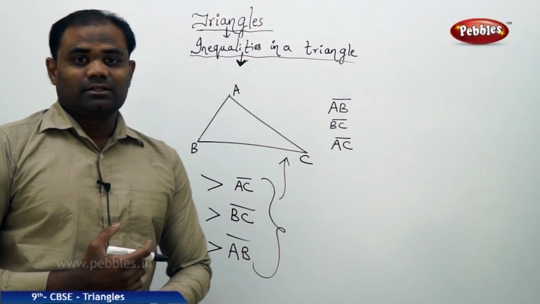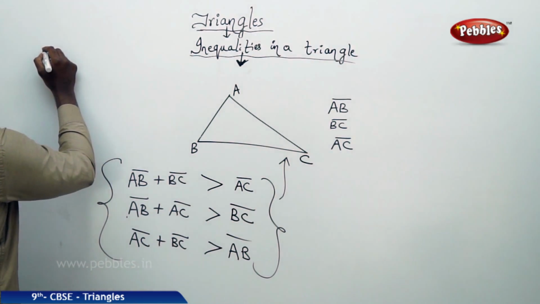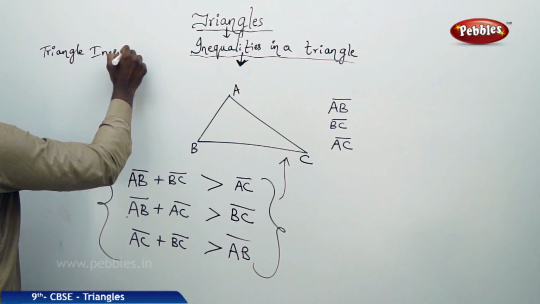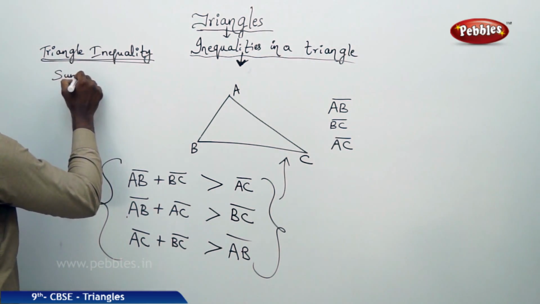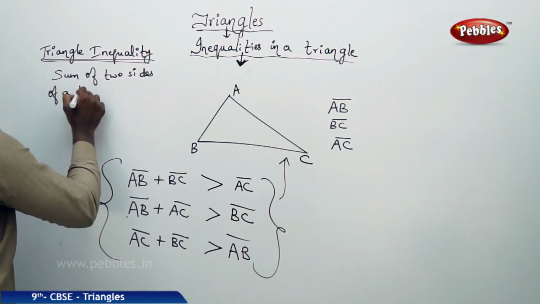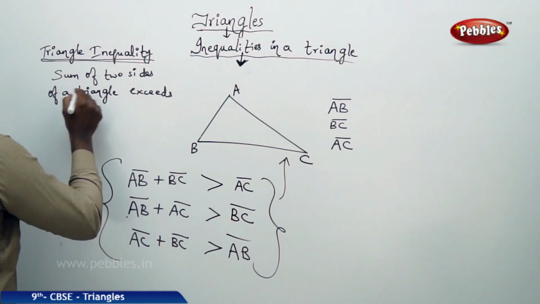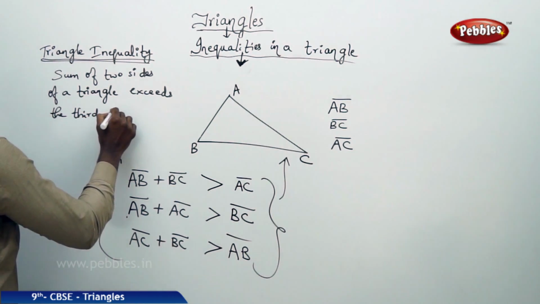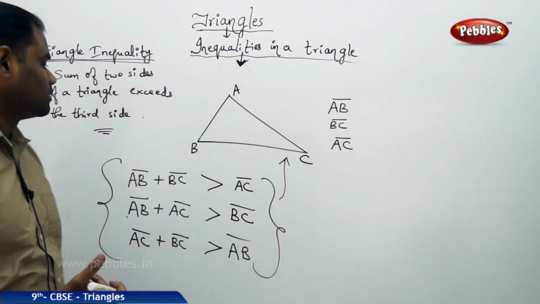This is how we understand the sides connected with inequality. This is called the triangle inequality, which states that the sum of two sides of a triangle exceeds, that is, is always greater than, the third side.